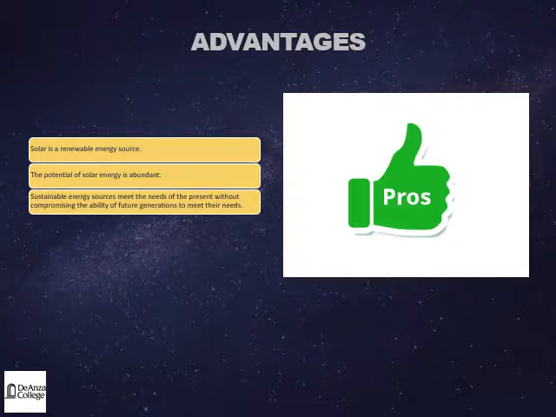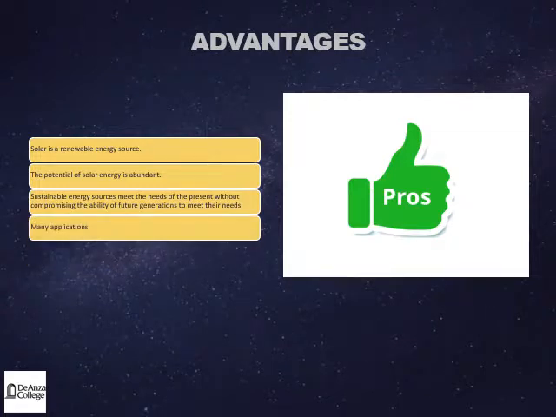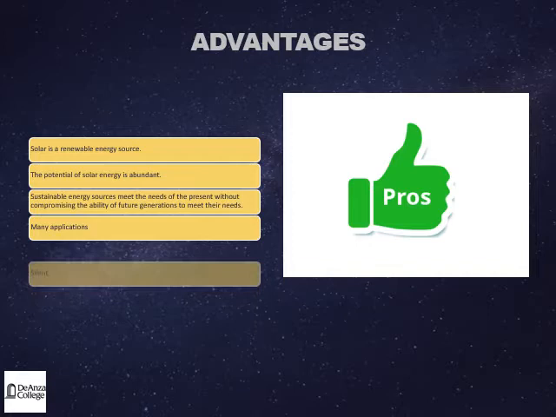And it is a sustainable energy source which meets the needs of the present without compromising the ability of future generations. In other words, solar energy is sustainable because there is no way we can overconsume this type of energy. Besides this, there are many other applications, such as generating electricity in places that have no power grid, distilling water in Africa, or even powering satellites in space.